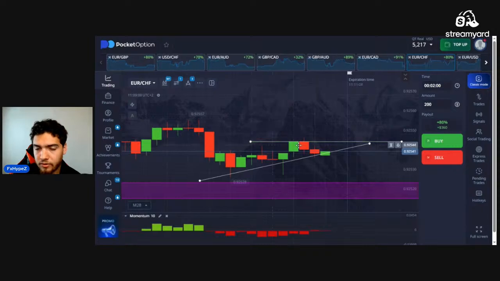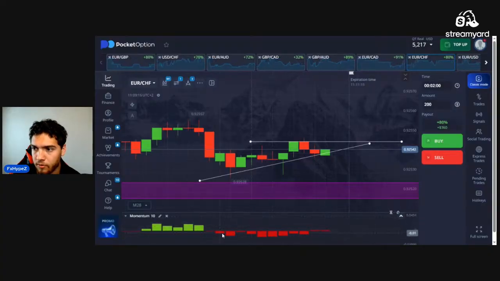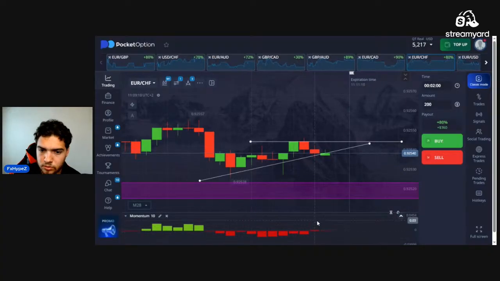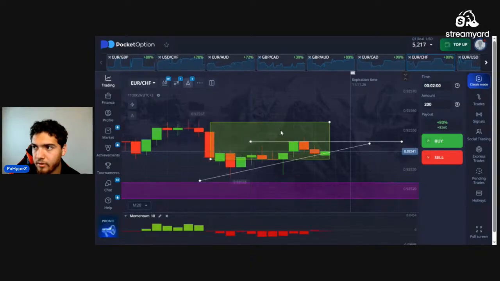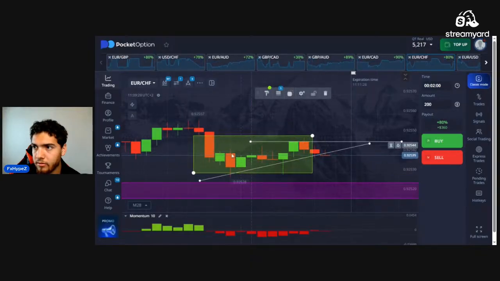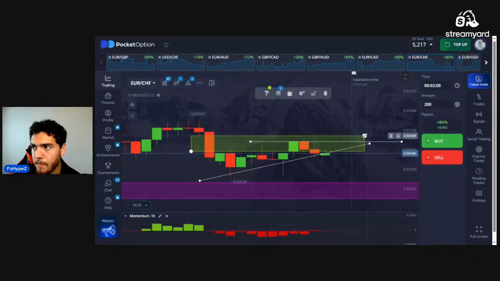We have resistance here at 0.92546, and it does look like the momentum is shifting here from red to green, which is a bullish sign. So with this shift, we also still have this fair value gap, which hasn't been filled yet. We have this fair value gap right over here.